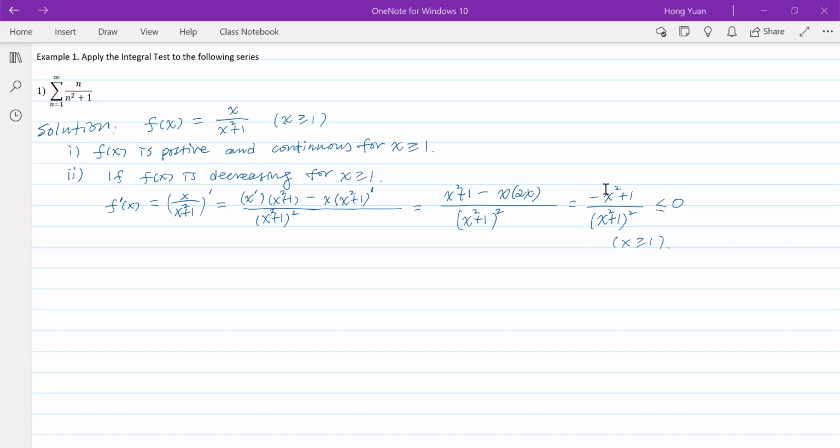Therefore, f of x is decreasing, or actually, here it is non-increasing, for all x greater than or equal to 1. Which means f of x satisfies all the conditions in the integral test.